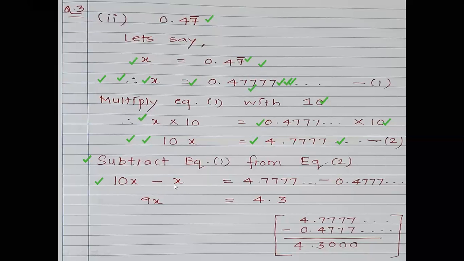So 10x minus x gives you 9x. And when these get subtracted, the answer happens to be 4.3. You can see the explanation of subtraction over here. I hope this is clear to you before we proceed to the next step.